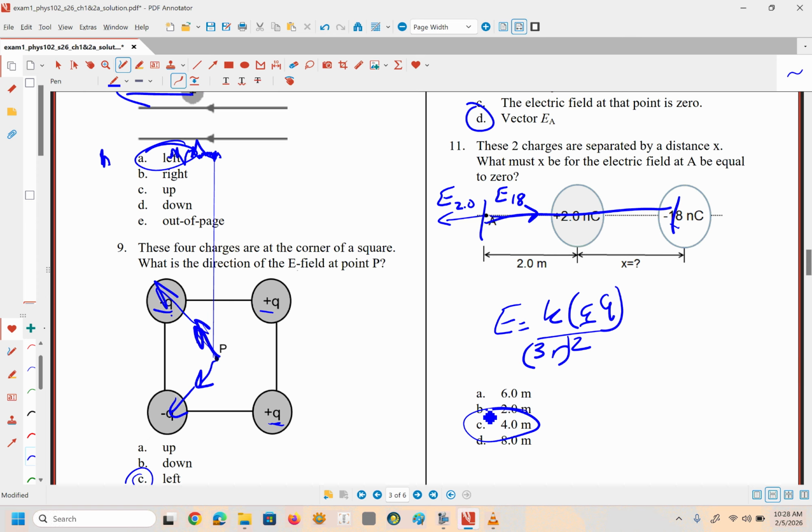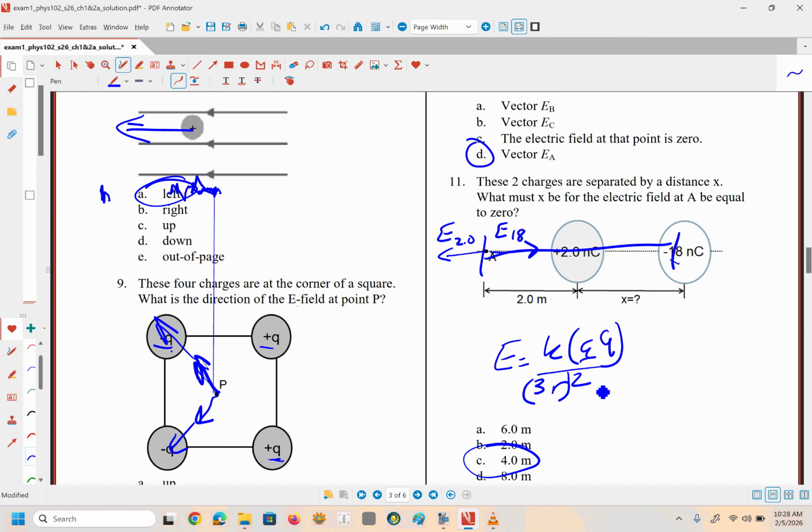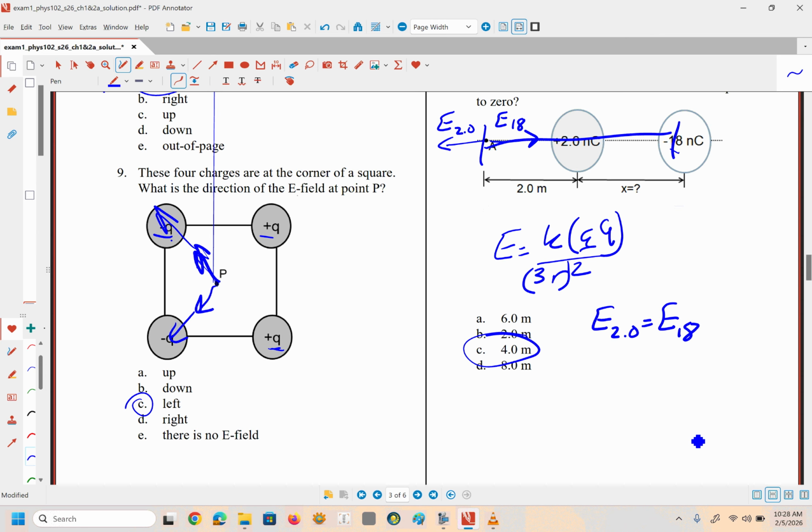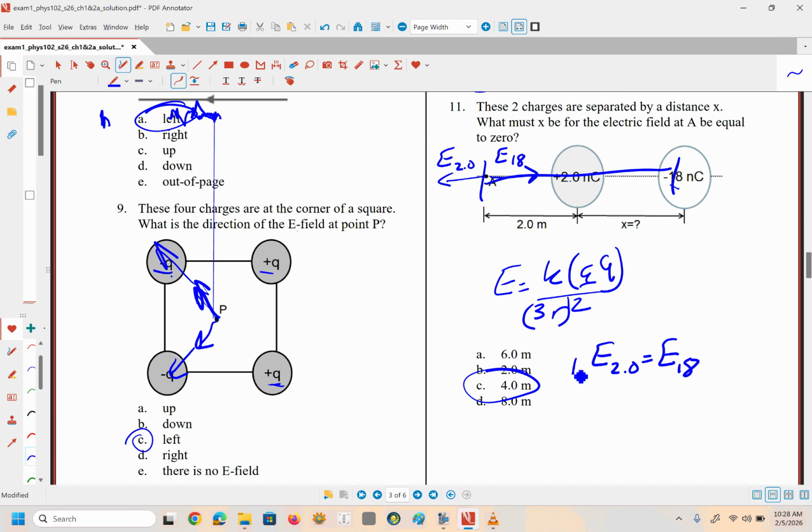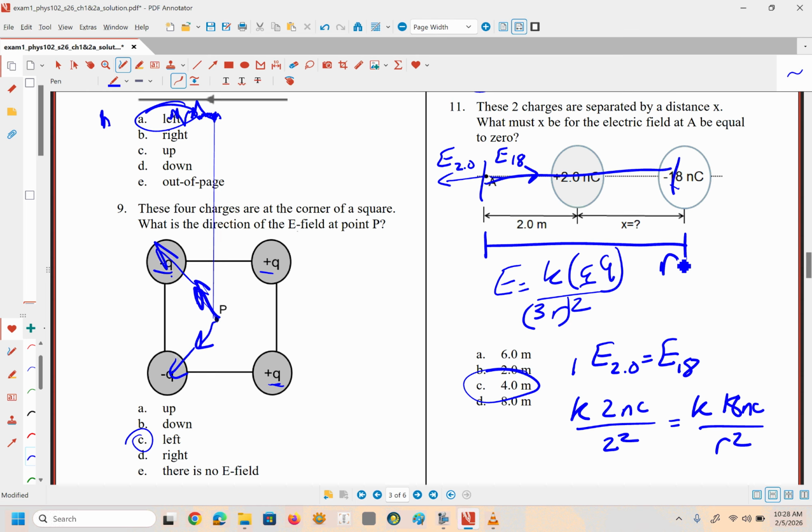Another way I could do that is to say that E 2.0 is equal to E 18, and then that would be K times 2 nanocoulombs divided by 2 squared is equal to K times 18 nanocoulombs divided by R squared, where R would be the total distance.